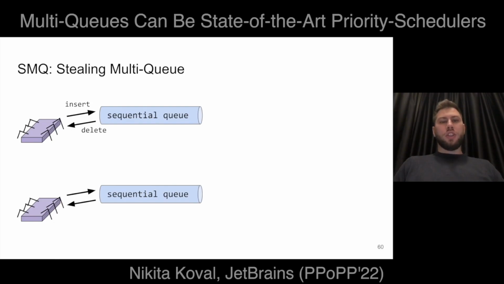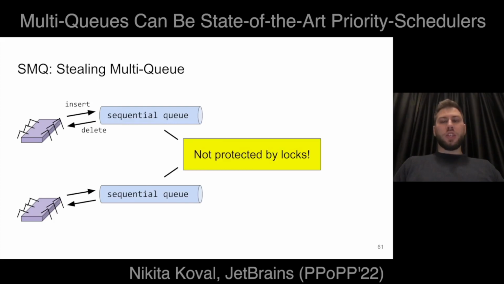Essentially, each thread is equipped with a thread local sequential priority queue, and most of the insertions and extractions are performed with this queue. Importantly, these queues are not protected by locks, so we don't need to acquire the lock and to release it on each operation. However, to make the algorithm kind of fair, we need to synchronize threads.